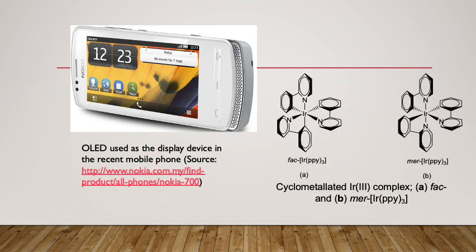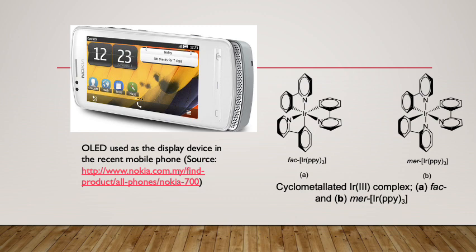Okay, for example, here you can see the Nokia. You can click the link later. Okay, you can see that the Nokia 700 used an OLED for the display of the smartphone. And the structure of the complex is like this.